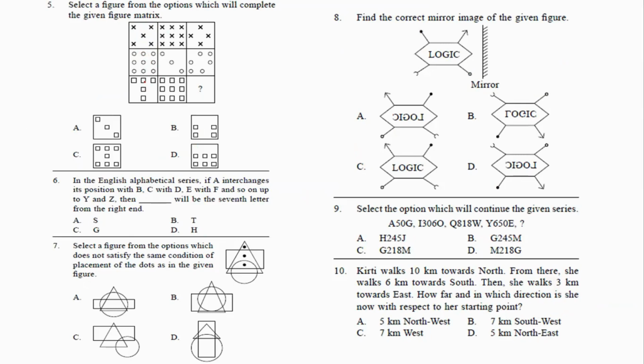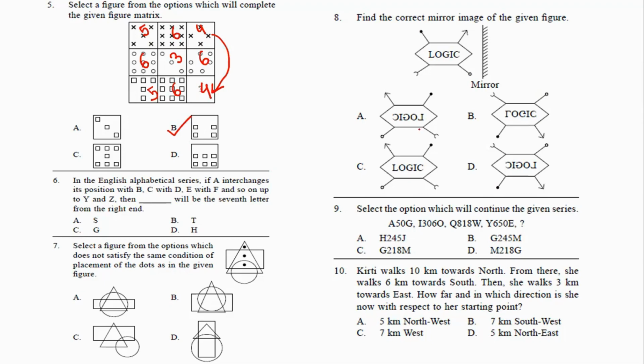This is 5 cross, this is 6, and this is 4, correct? The second one, this is 6, this is 3, and this is 6. And the third one, this is 5, this is 6, and it should be the same, that is 4, right? So the correct answer should be option number B, right?